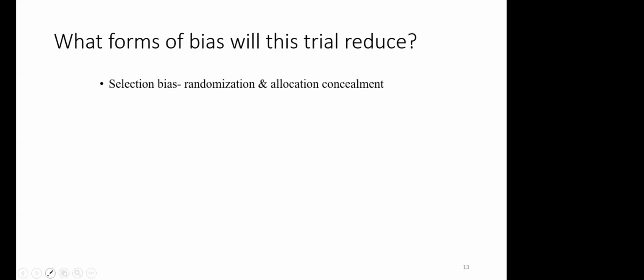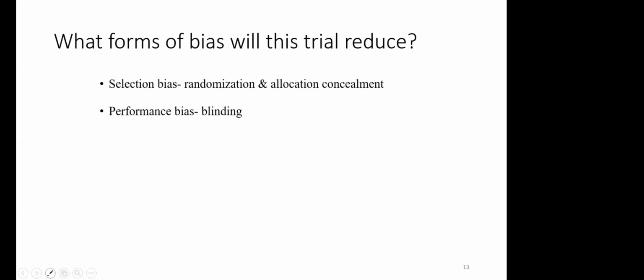So just randomly assigning participants to either intervention or control group so that you do not have much baseline differences in terms of any confounding variables. And then also through allocation concealment to ensure that the person enrolling participants cannot predict the next assignment, so they cannot manipulate assignment to groups.